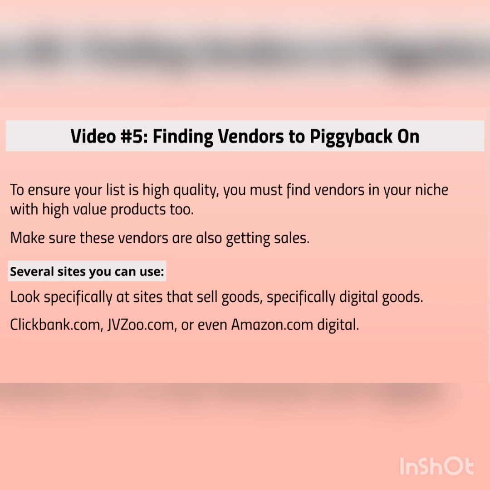Now, there is another site called jvzoo.com, but keep in mind jvzoo.com primarily targets businesses and marketers, so business to business type lists. Let's go ahead and take a look at these sites, and that way you can get a better idea of how to find vendors to piggyback on.